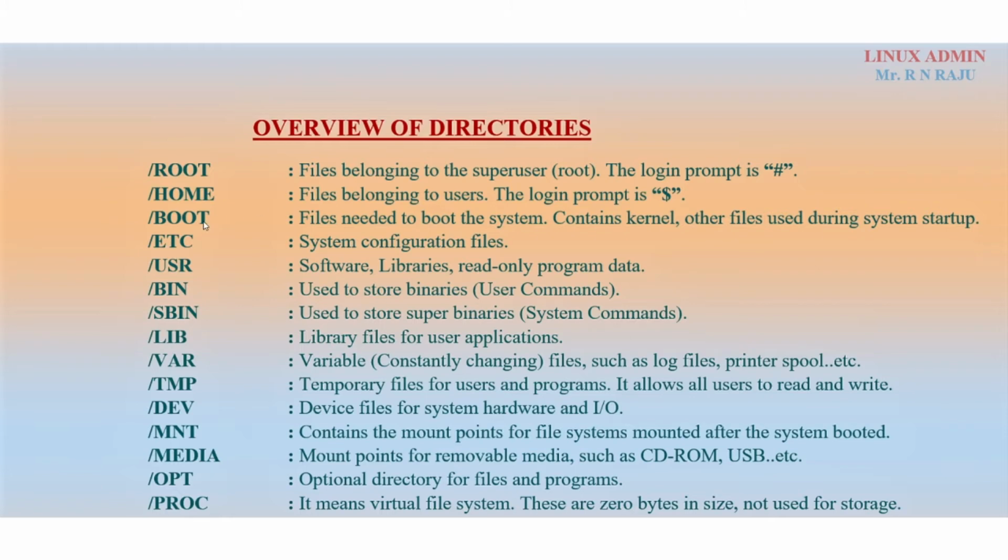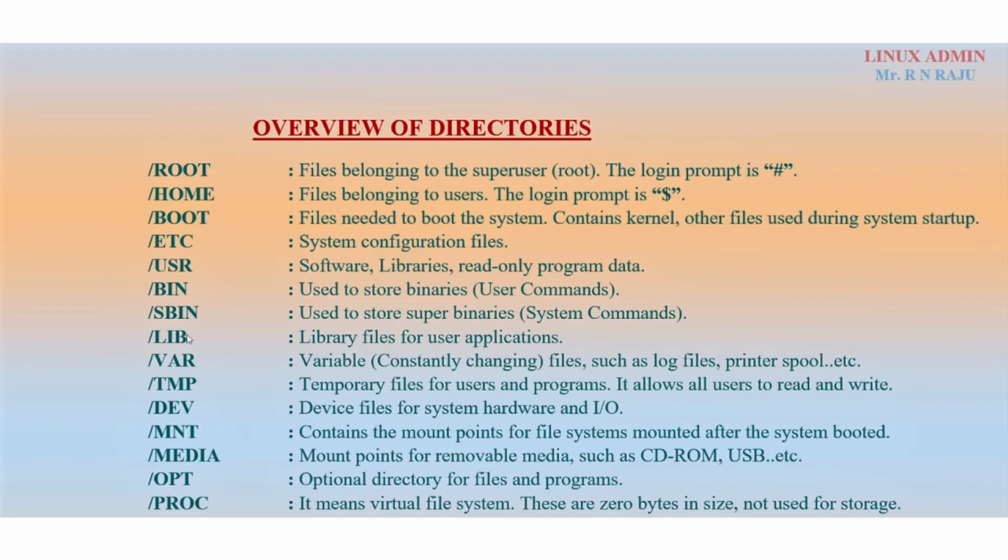And then boot. It maintains system booting files information, like the C drive in Windows. And etc maintains system configuration files. And usr maintains software, libraries, and read-only programs data. And bin is binary files. And sbin is super user binary files, which means system commands.